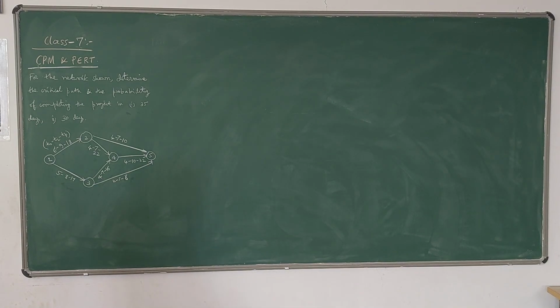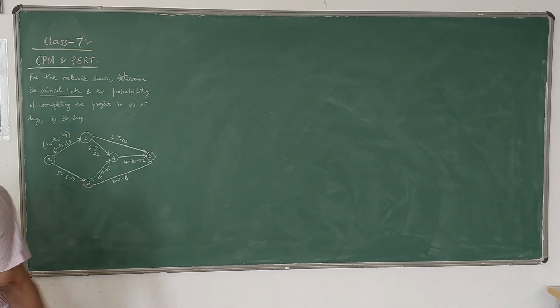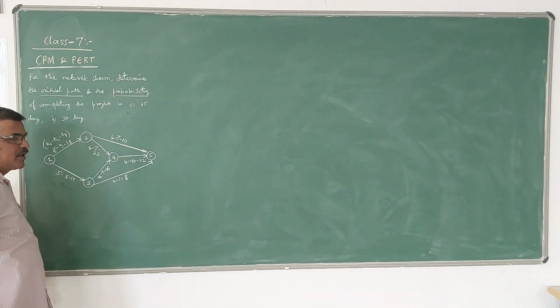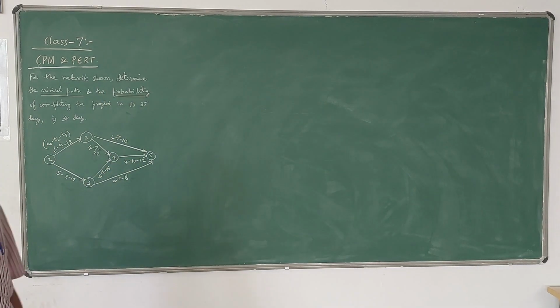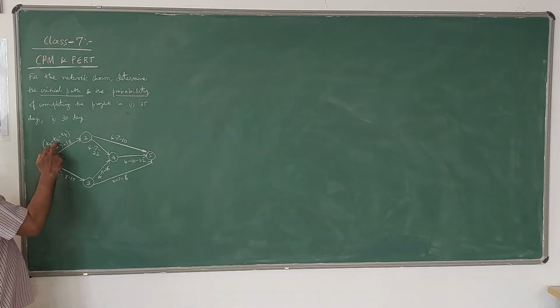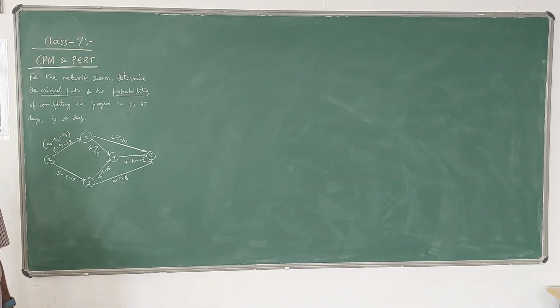We have to first determine the critical path, then the probability also. So this is your PERT, project evaluation and review technique. As I told, these 3 values are the time estimates.